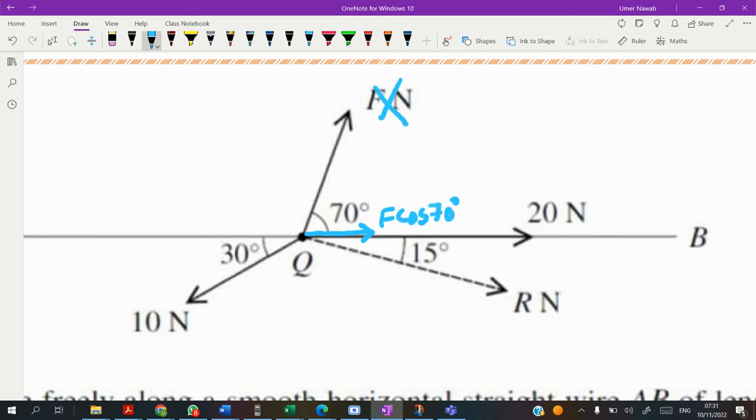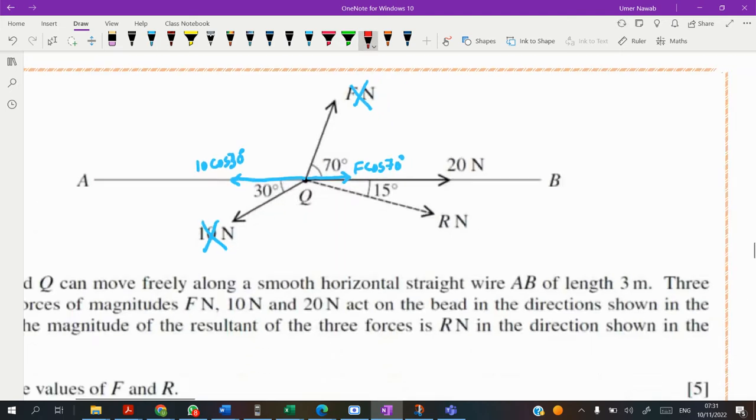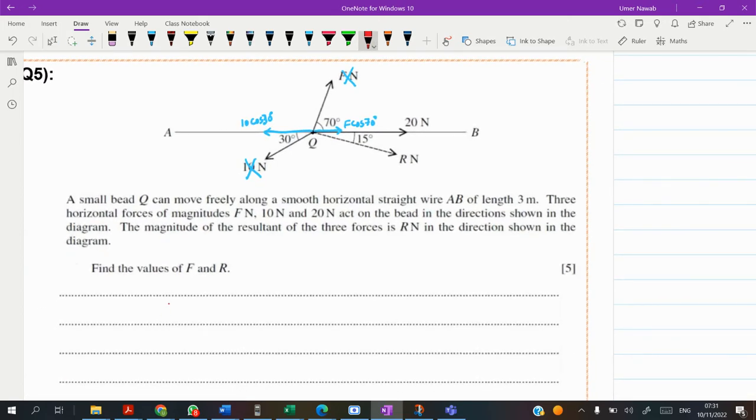So this is done. And the x component of the 10 newton force will be 10 cosine of 30 degrees. This is done. So let's try to write our x net. I'm going to write it here, x net. In the marking scheme he writes capital X.